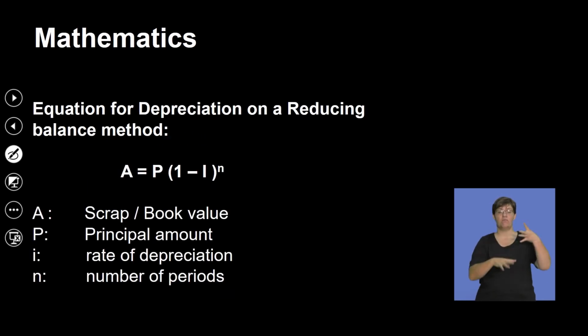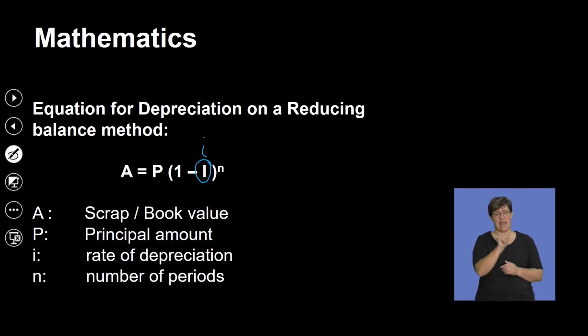The formula that we normally use to calculate depreciation on a reducing balance method is the same as the formula for compound growth, but with a minus now. So this here is actually supposed to be i in a small letter, although it's a capital letter there. So that's actually supposed to be a small letter.